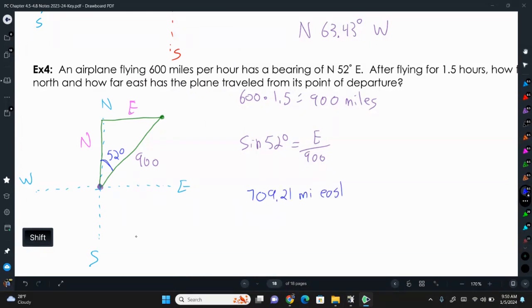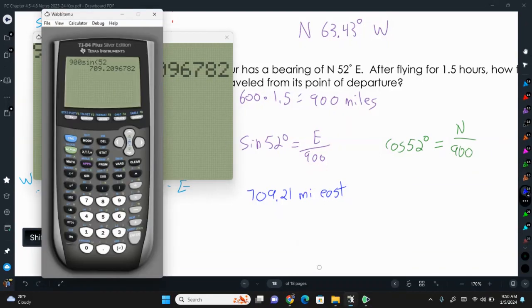miles east. And then for the north, it's going to be the cosine of 52 degrees equals the north over 900. Multiply again both sides by 900. So 900 times the cosine of 52.